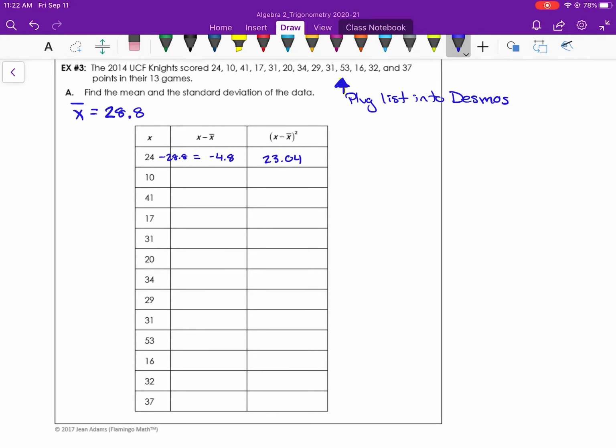So I'm just going to write the rest of the work down. So the x minus the mean for all these.